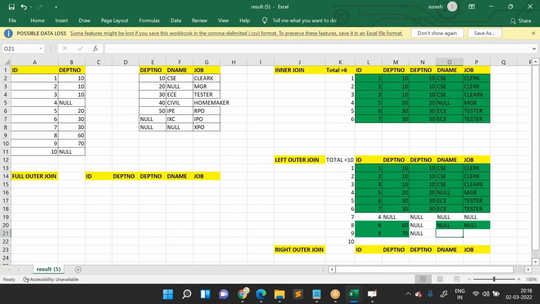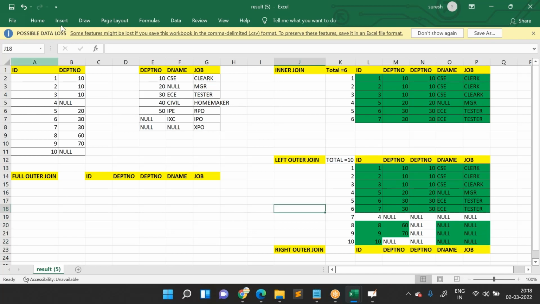So for all the non-matching records, the right side table values are null. That is a very, very important point. Everybody should note it. Otherwise, what value would it give? It won't give a random value, right? So the 10th record is null. Null is not matching anyway. This is the output we are going to get.